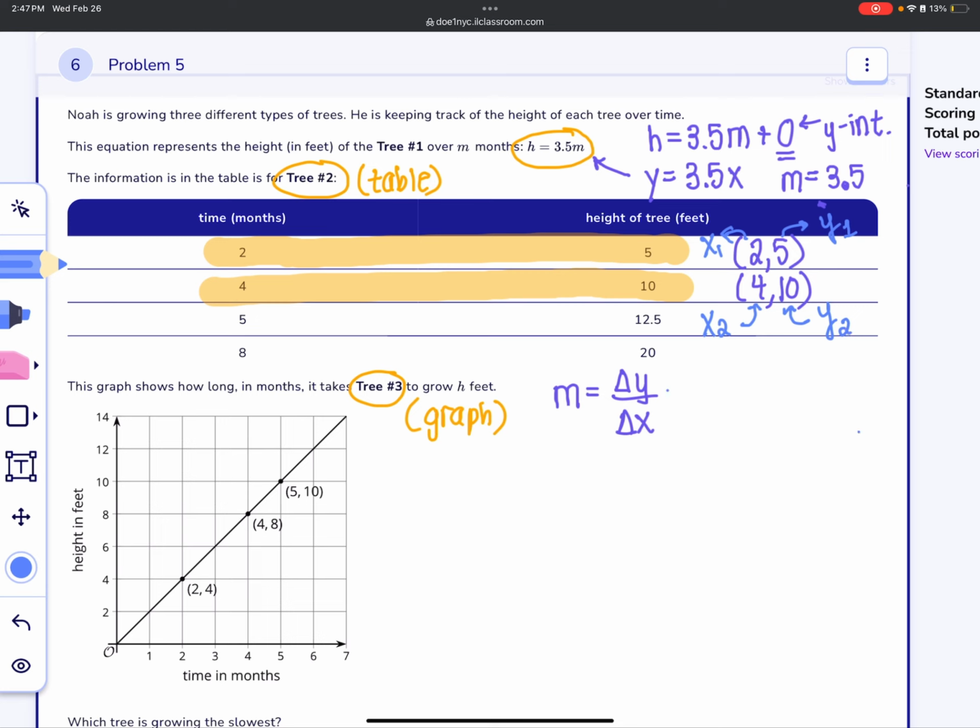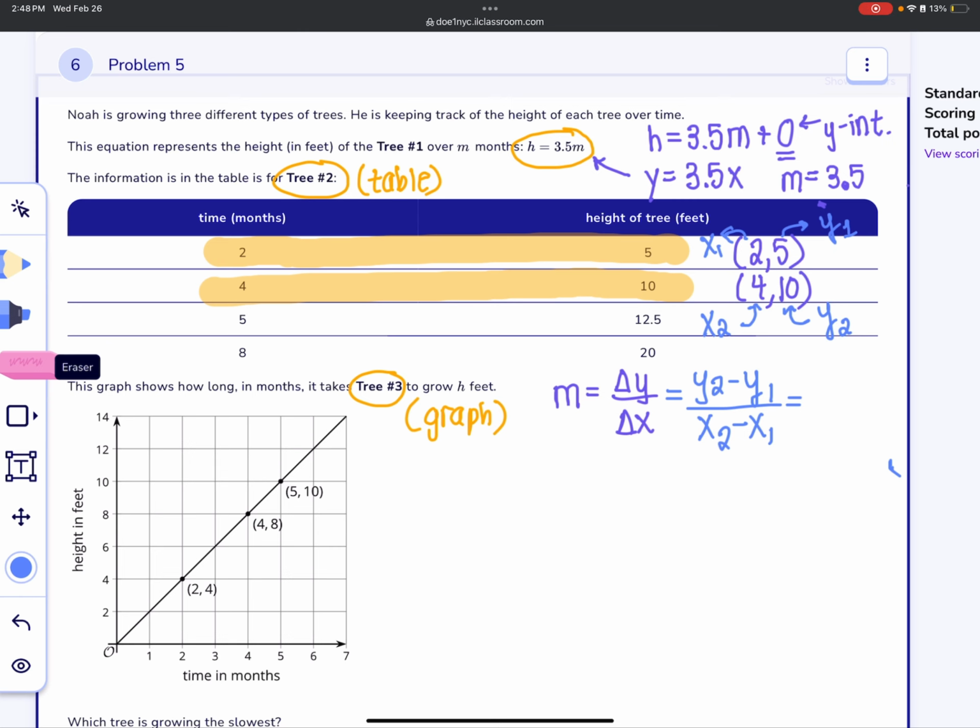So the change of y is going to be y2 minus y1. And the change of x is going to be x2 minus x1. And we're just going to plug in some values now.